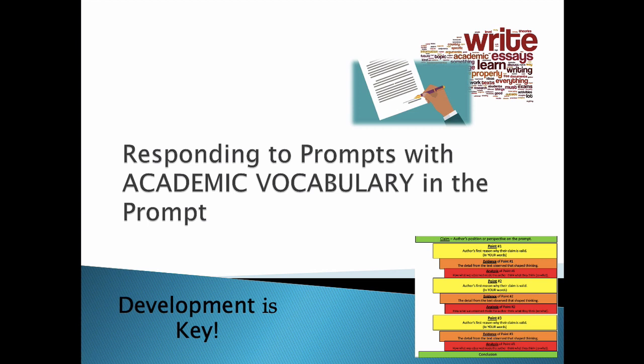The PEA paragraph is the strong base model, but when we have prompts that include academic vocabulary that we need to define, we must add that next layer and truly develop our claim sections where we define the terms and our analysis sections to connect back to those definitions that we are trying to prove are actually in play in the prompt and in our response.